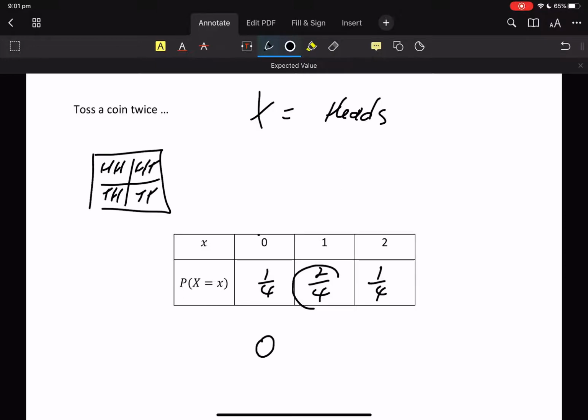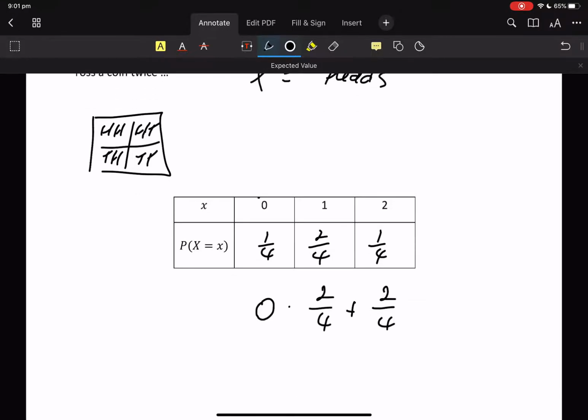I've got a 2 in 4 chance of getting 1 head. So if that actually happens, I'm going to get 1 lot of that, or that times 1, which is 2/4. And I've got a 1 in 4 chance of getting 2 heads. So if that actually comes out, I'm going to get 2 out of 4. So let's just add them all together. 0 plus 2/4 plus 2/4 is actually 4/4, which is 1.